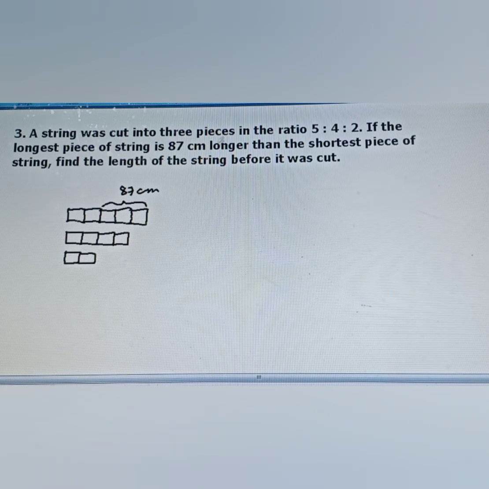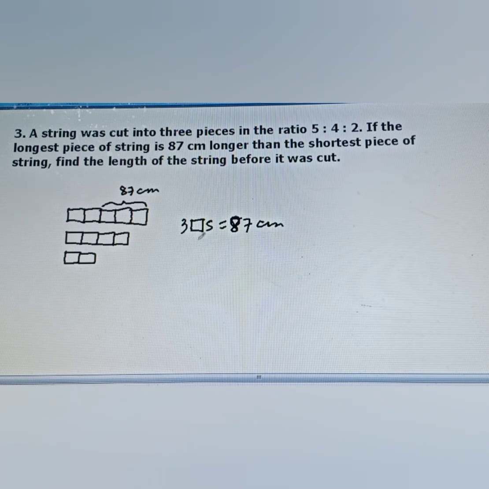So let's start with 3 blocks is equal to 87. Again, 3 blocks represent 87 cm.